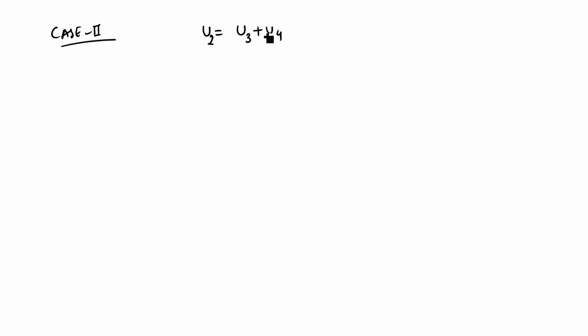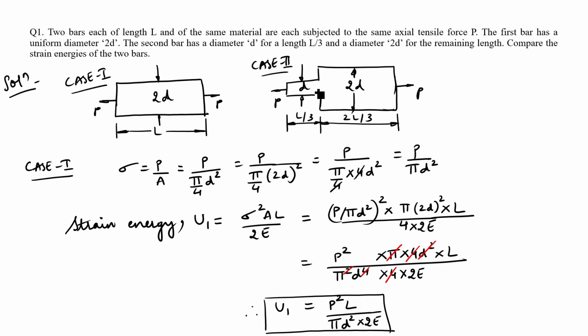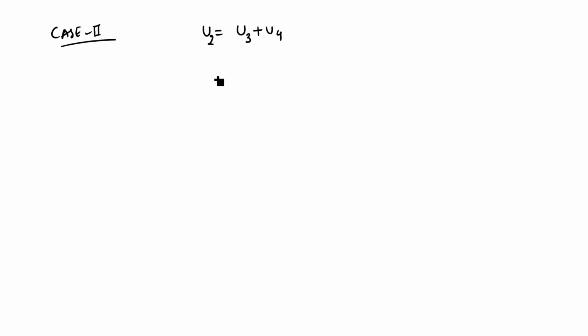When I talk about U3, I'm talking about this portion, and U4 is going to be this portion, the 2d portion. So let me write down the formula. It will be sigma square AL upon 2E, let me write here 3, plus sigma square AL upon 2E, and let me write this as 4.